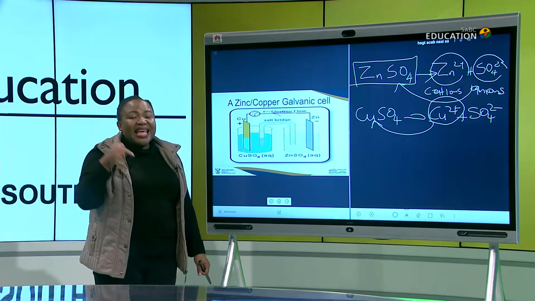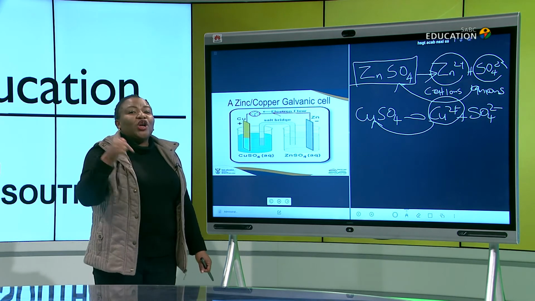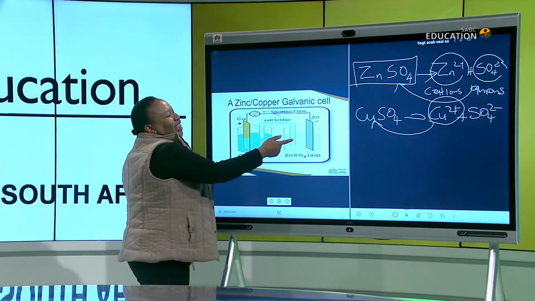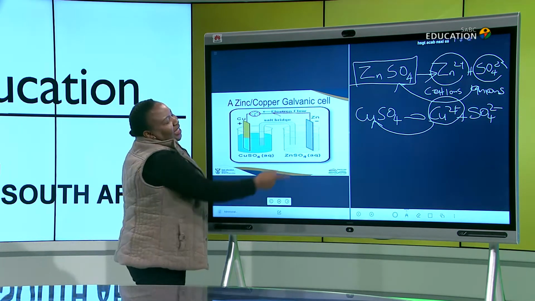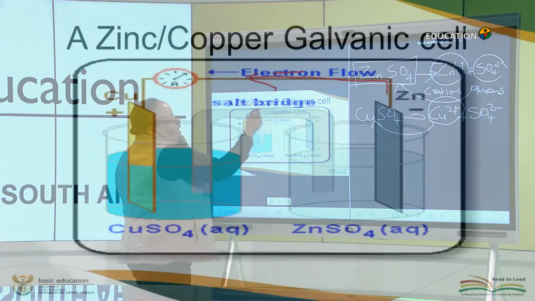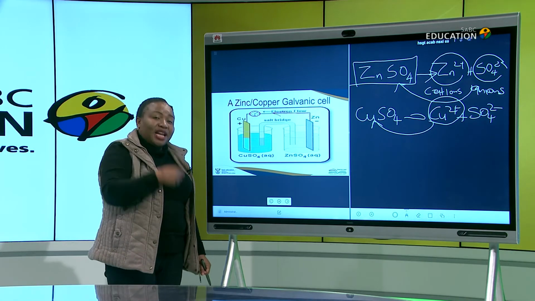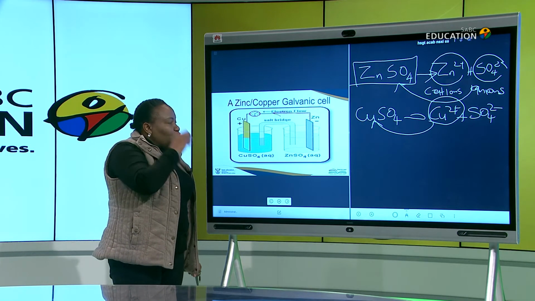However, metals cannot gain electrons. So it is not going to be correct for me to say the zinc electrode will lose electrons and be gained by copper. Remember, copper is also a metal. So it means copper cannot gain those electrons, but copper can make those electrons be transferred to its electrolyte.